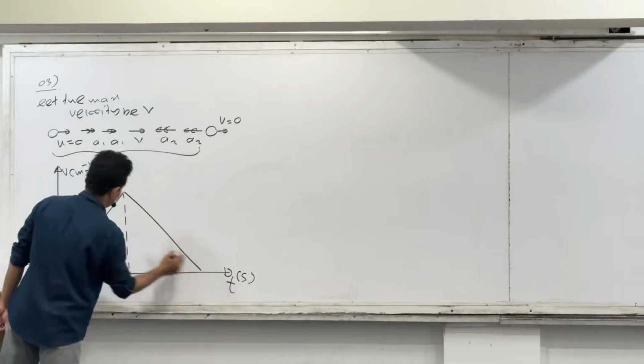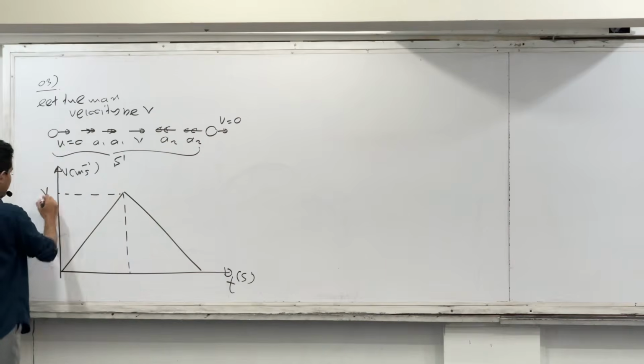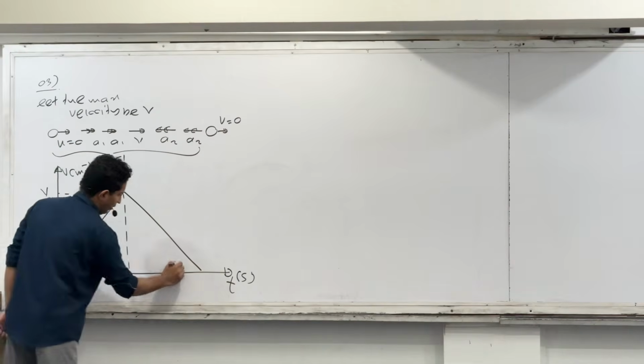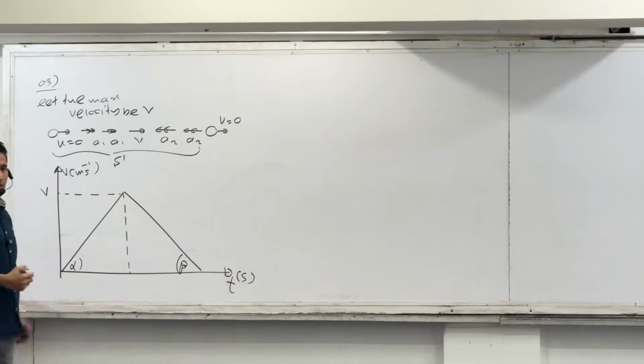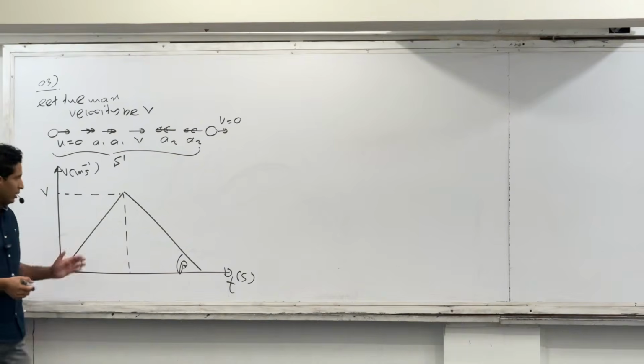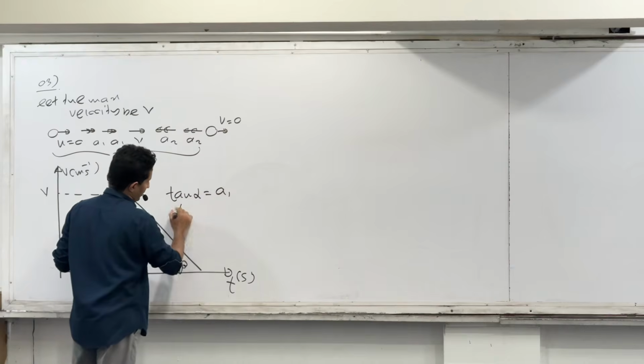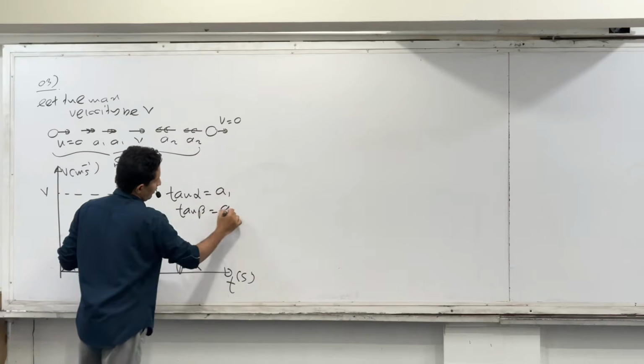Now, a very easy graph compared to the questions we did last Friday. Now this is v. I will take these angles as alpha and beta. You know that in a vt graph, tan alpha is the acceleration or the retardation. So tan alpha equals a1 and tan beta equals a2.